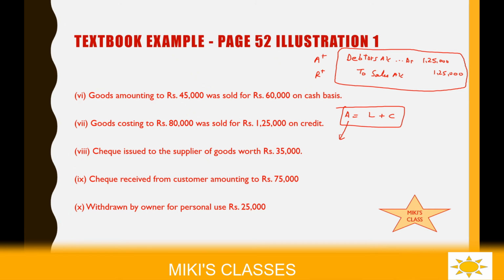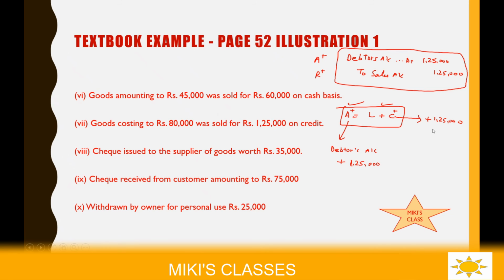In this case, on the asset side, the debtors account has gone up by plus 1,25,000, and the revenue is a part of this, like we discussed in the last example, that has gone up by 1,25,000. So again, both of these balance. The left hand side is equal to the right hand side. Assets plus 1,25,000, capital plus 1,25,000.